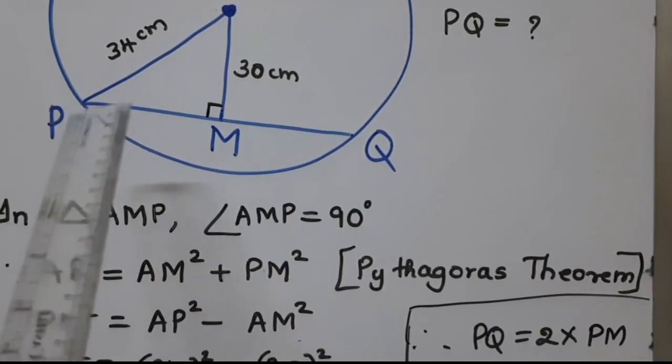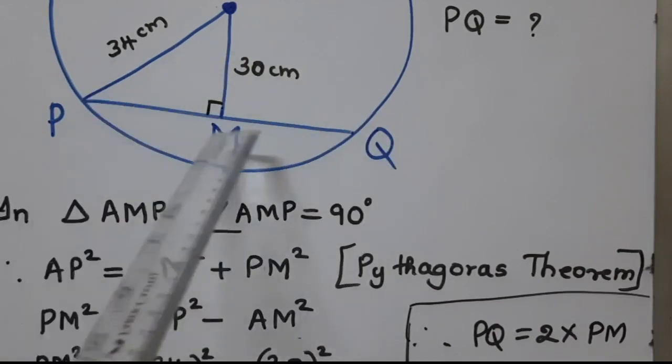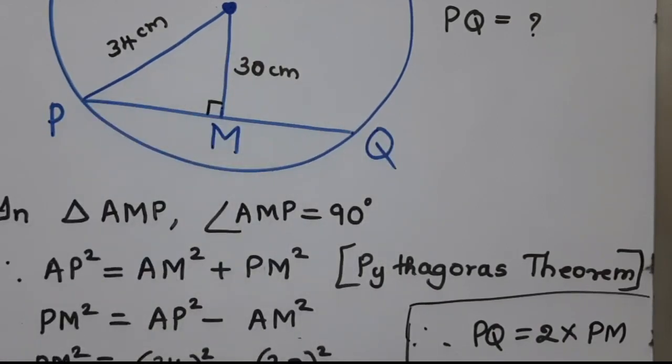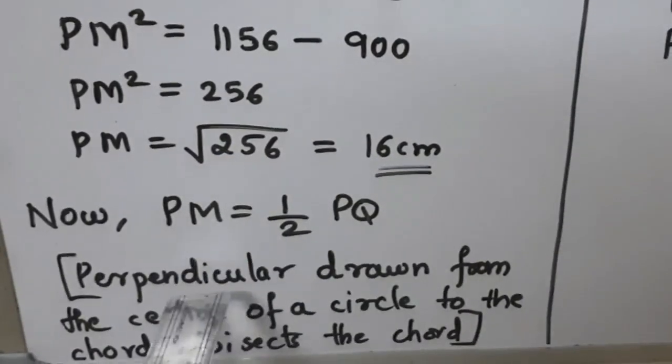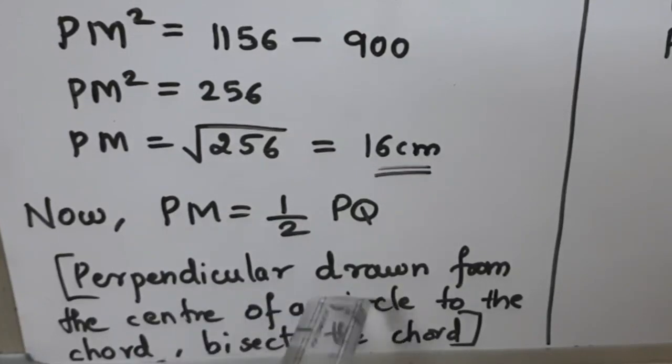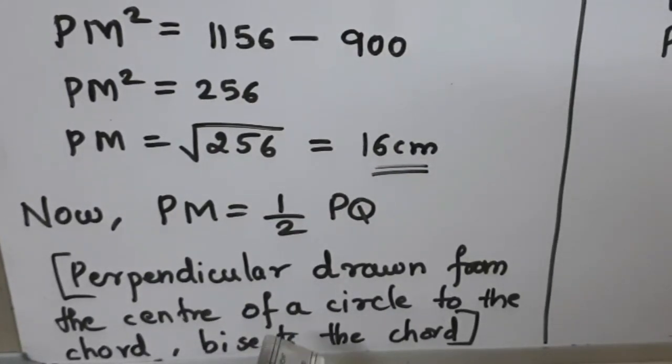Now we got this PM as 16 centimeter, right? Therefore PQ will be equal to double of 16, which is equal to 32 centimeter. How will we write? PM is equal to half of PQ. Reason: perpendicular drawn from the center of a circle to the chord bisects the chord.